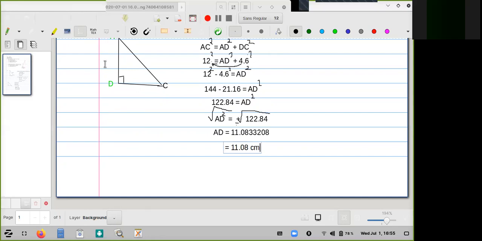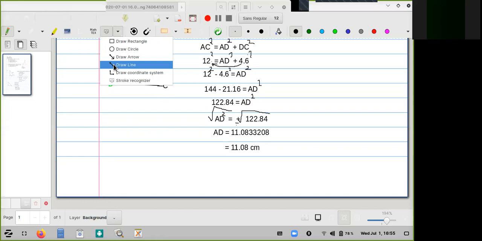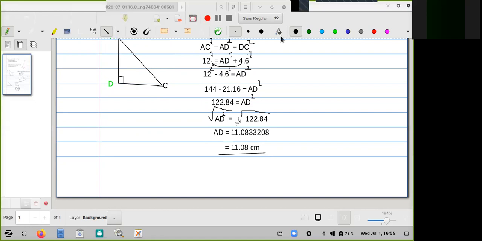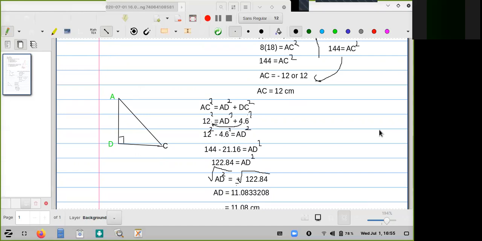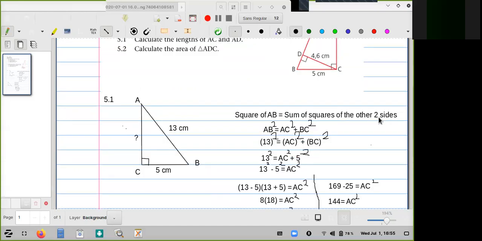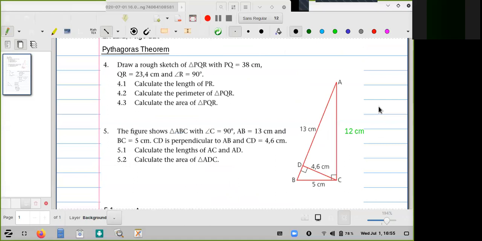Then from there, we move on to the next question. Then our next question, if we can check, it says here, calculate the area of triangle ADC.